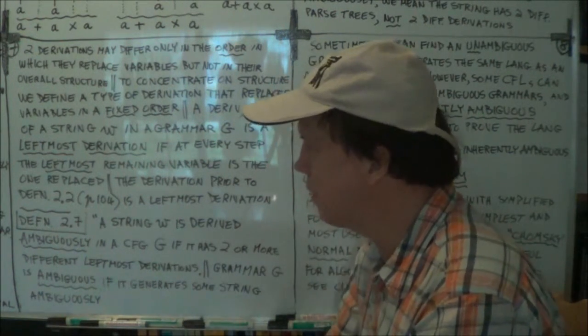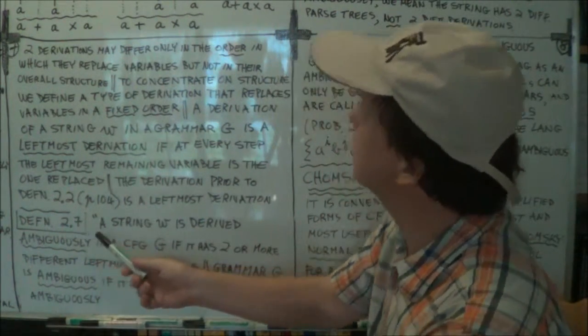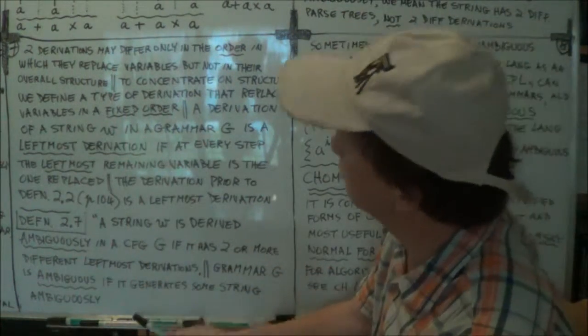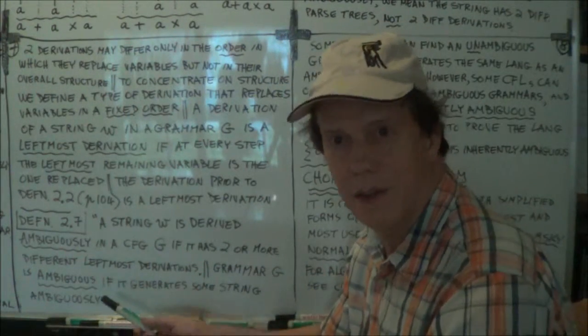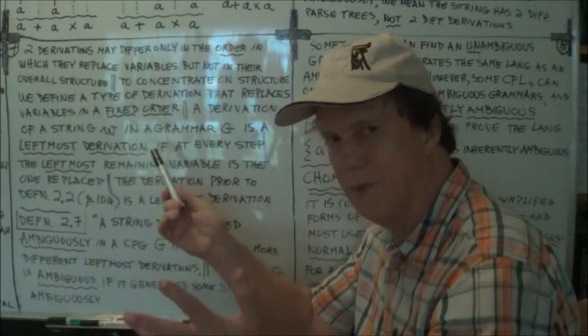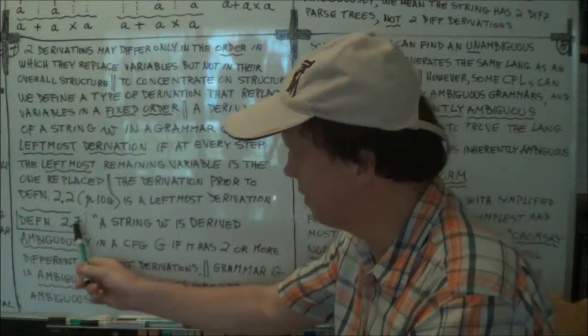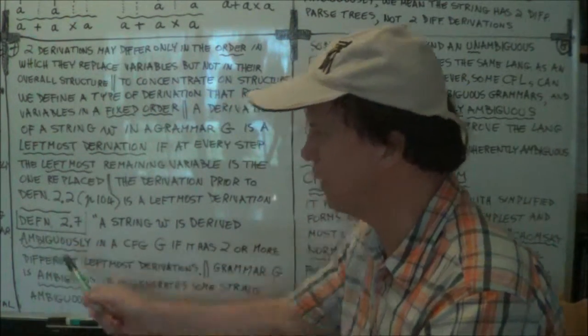Okay? So 2.6, maybe it's a figure, it might be a theorem, something else. So this does not mean it's the seventh definition.